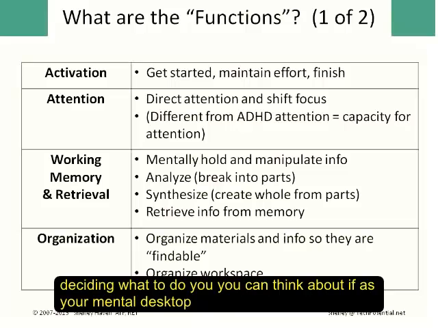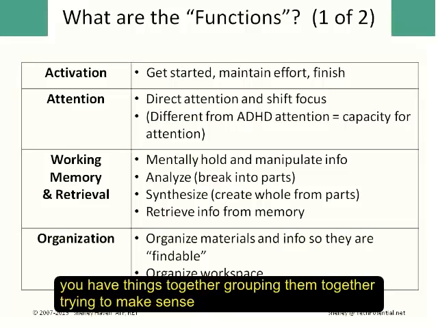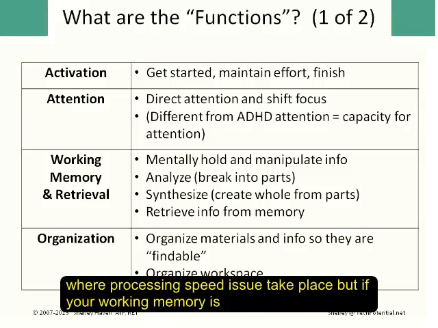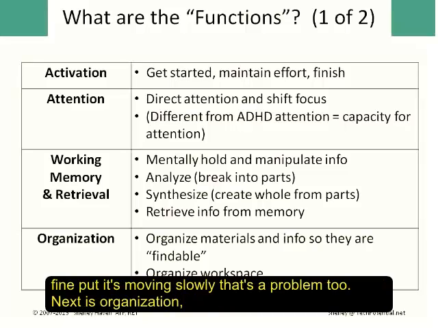You can think of it as your mental desktop, where you're moving information around, grouping things together, trying to make sense of it, and then deciding on an action. In the process, you're also retrieving information from memory. And this is also where processing speed issues take place, because if your working memory is fine but it's moving very slowly, that can create problems too. So that's really a huge area.